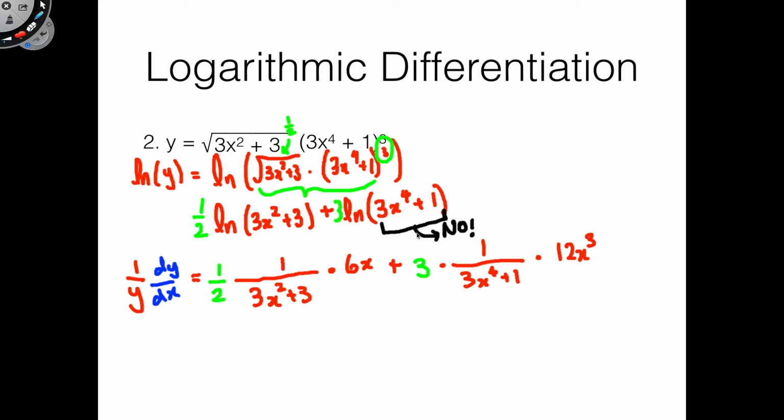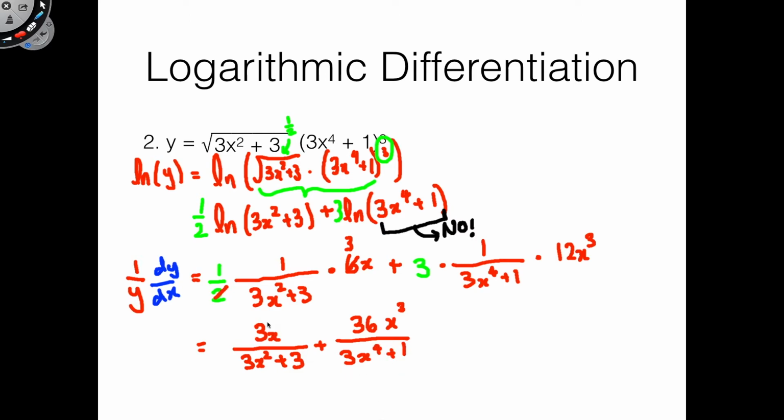And now we can just go ahead and put these things together. So this is all going to equal, the 2 and the 6 would cancel. You'd be left with a 3 there. So you'd have 3x over 3x squared plus 3 plus, nothing really cancels here, but 3 times 12 is going to give you 36. So you'd have 36x cubed over 3x to the 4th plus 1.